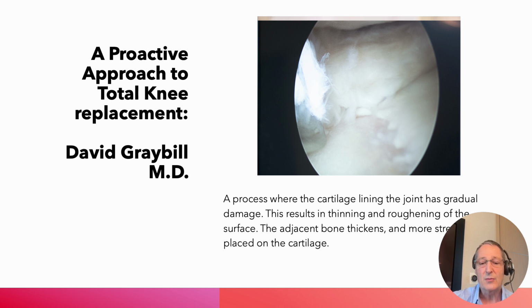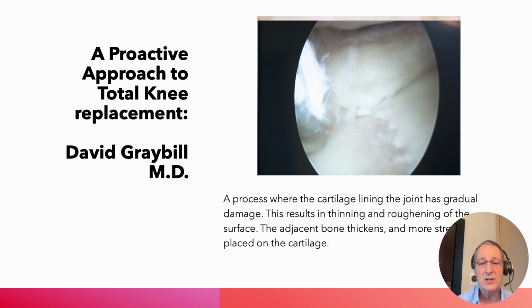Other types of arthritis can lead to this. For example, rheumatoid arthritis is a biologic process which damages the cartilage. But once the cartilage is damaged, some of the same pathways proceed in common with osteoarthritis, and the same thing is true with post-traumatic arthritis.